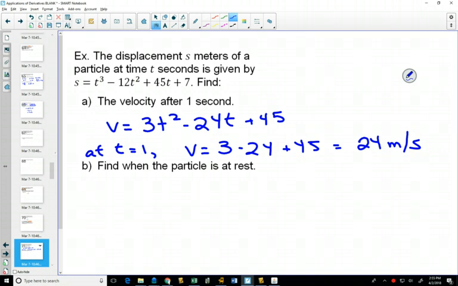Find when the particle is at rest. So what does it mean for the particle to be at rest? The velocity has to be 0. So when something is not moving, its velocity is 0. So if we know that the velocity has to be 0 and we have a velocity equation, we can plug that in.